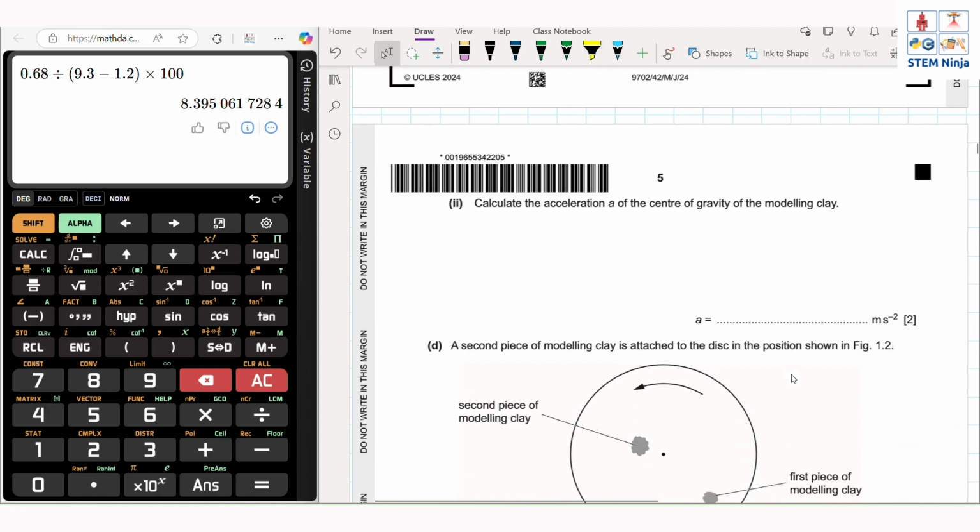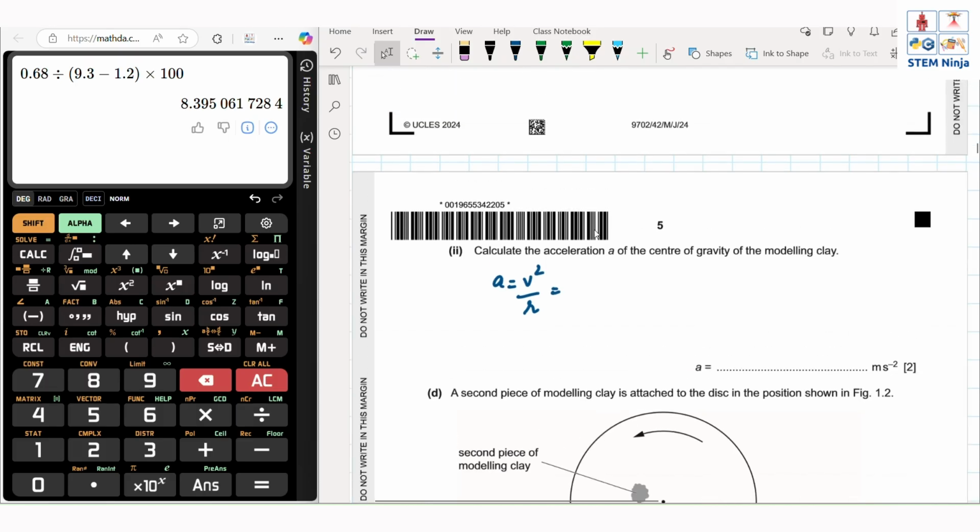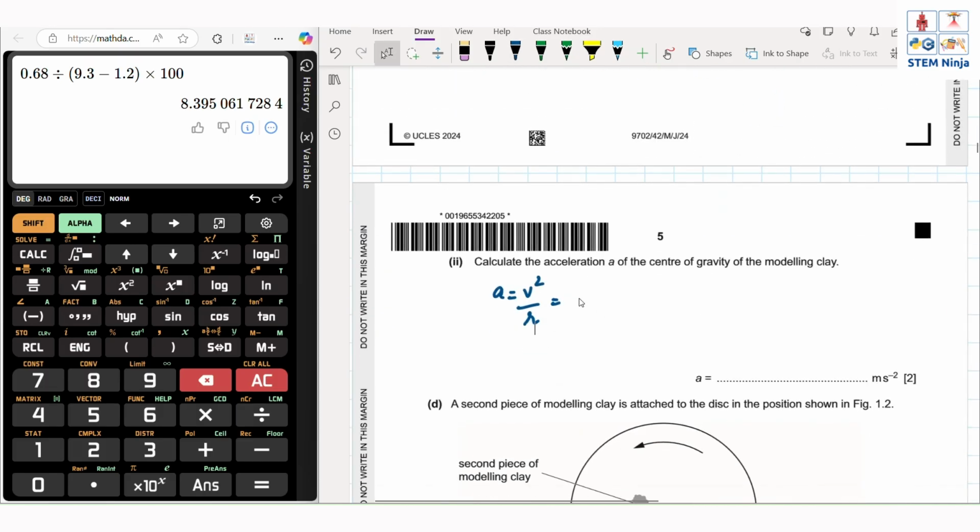Now, calculate the acceleration a of the center of gravity of the modeling clay. So a is simply v squared over r. v squared is 0.68 squared. For r, we can do the same thing, times 10 raised to the power minus 2.